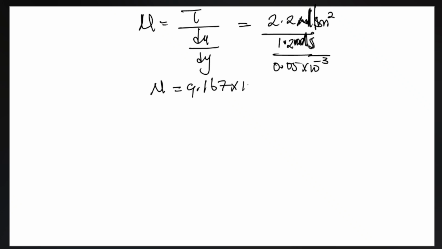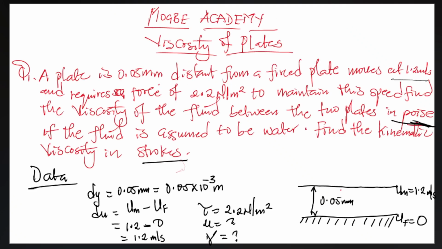9.167 times 10 raised to the power of -5 Newton seconds per meter square. So this is the normal unit we know for dynamic viscosity. But from the question given, you were asked to find your dynamic viscosity in poise.